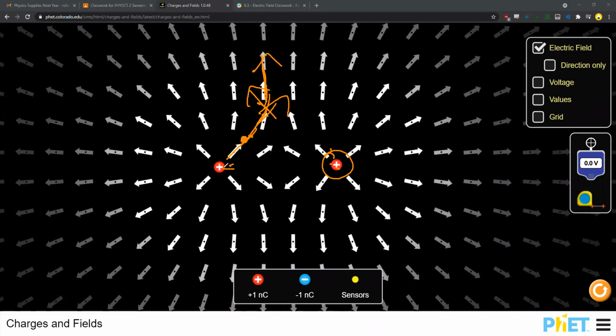Neither of these 2 point charges wants this guy. What is the end result when both of these objects are pushing on the sensor? It's just going to take a curved path upward.